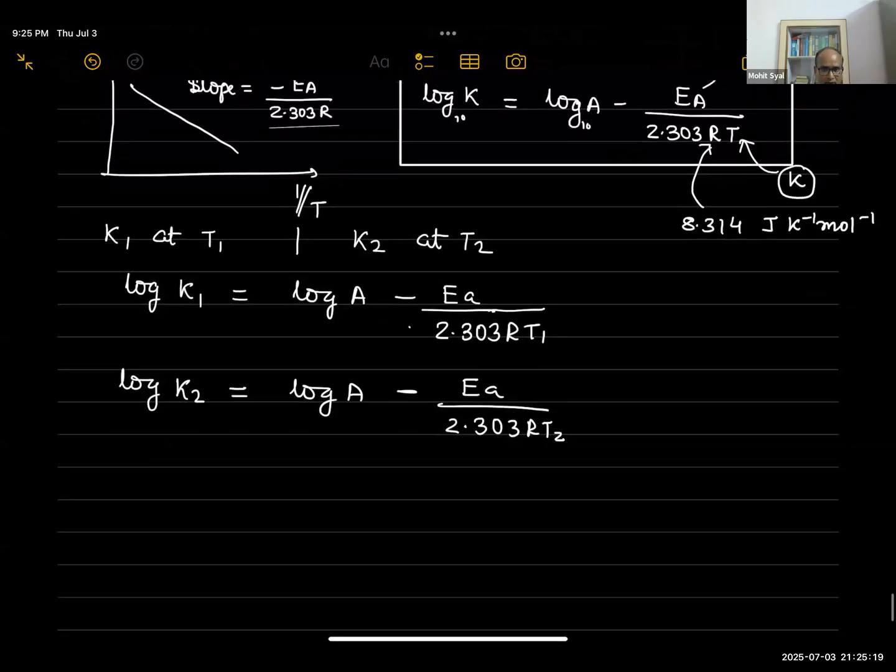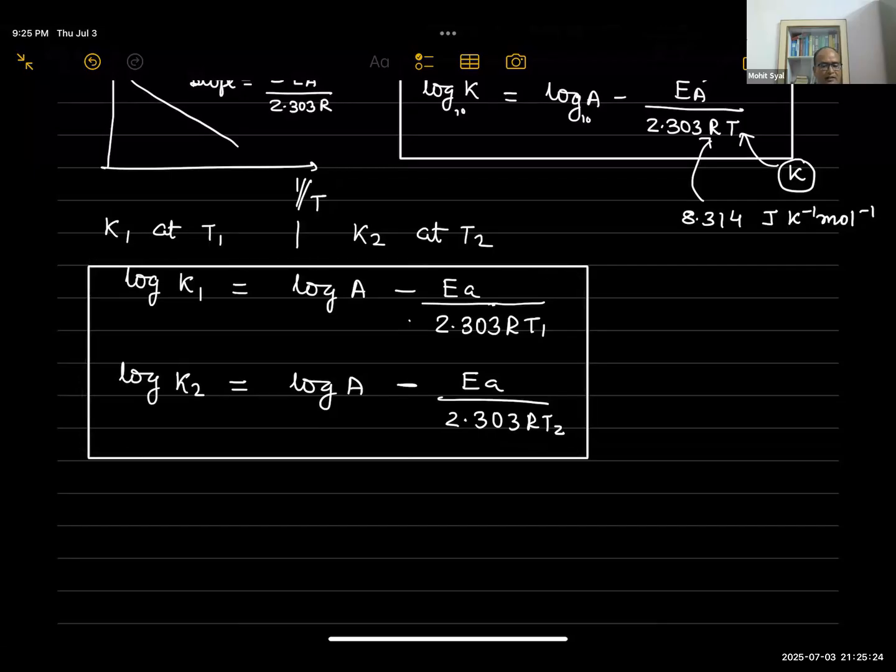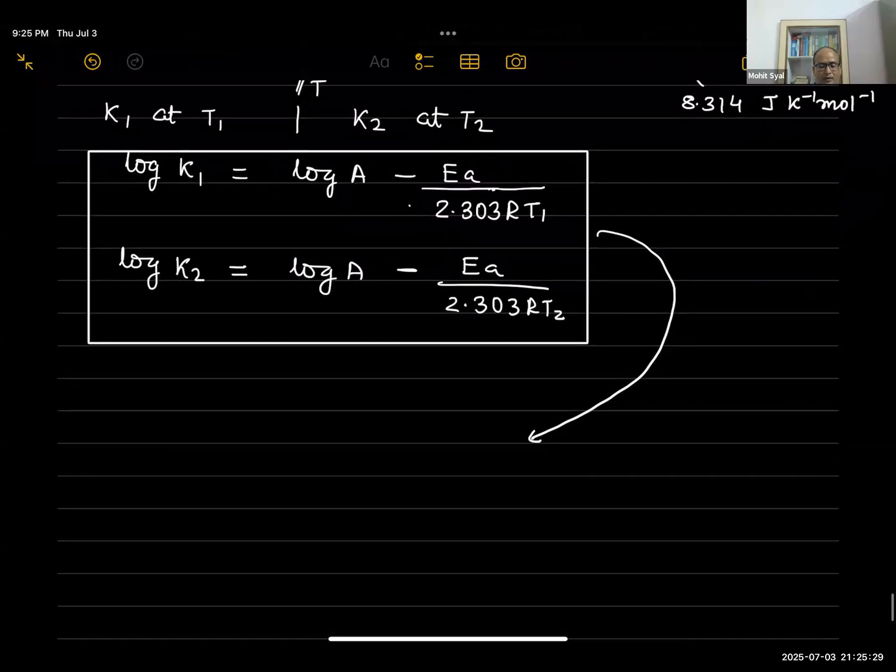You don't need to do the derivation. I am doing it for you just one time. You need to remember the final form. The final form will be this one. If you subtract equation 1 from equation 2, I will take activation energy by 2.303 R common.